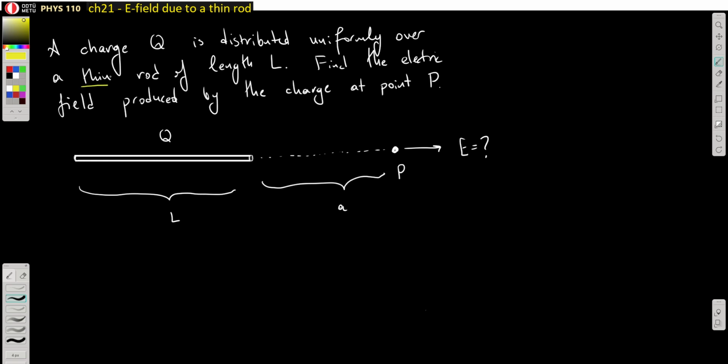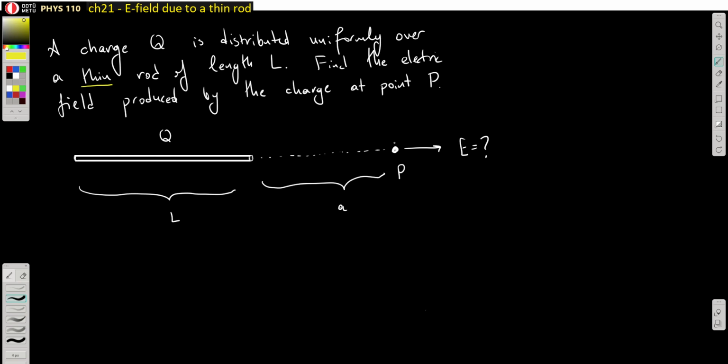First, a thin rod means that the rod has a physical thickness in reality, but we ignore it. We are assuming that the thickness of the wire is much smaller than the other relevant length scales. For example, the length of the wire is one length scale, so the thickness should be much smaller than this.